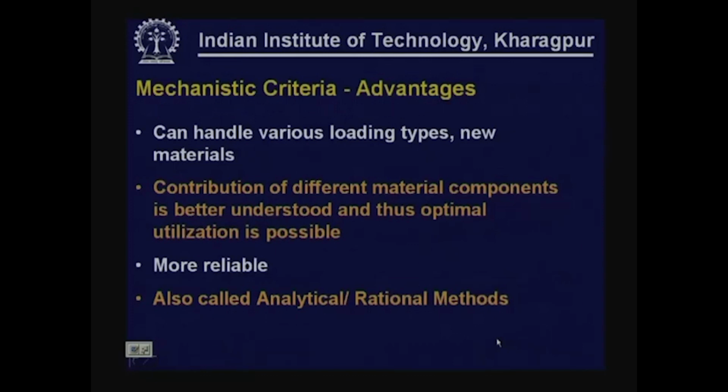With mechanistic criteria, the main advantage is that they can handle various loading types, and they can handle new materials. If you vary the materials or the load, and you consider a certain mechanistic parameter to be critical, for example stress at a particular location, then the effect of varying material properties and load conditions on that parameter can be assessed, and that parameter in turn can be correlated to the performance.